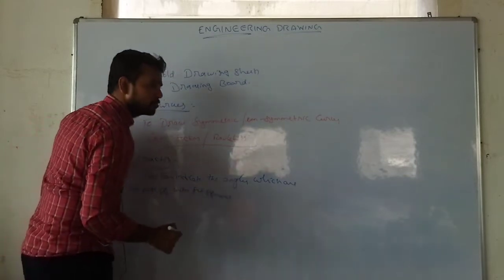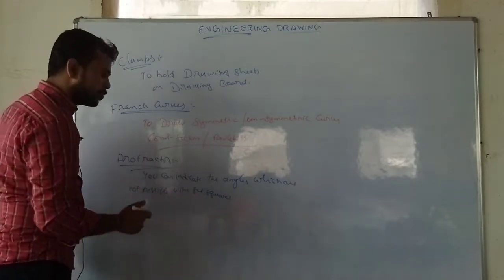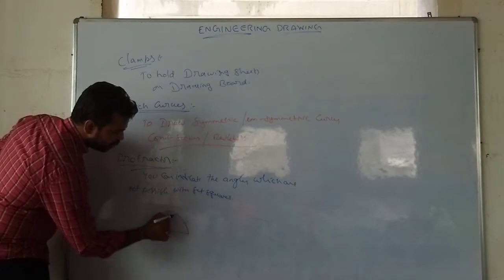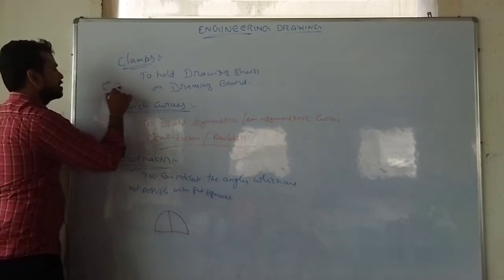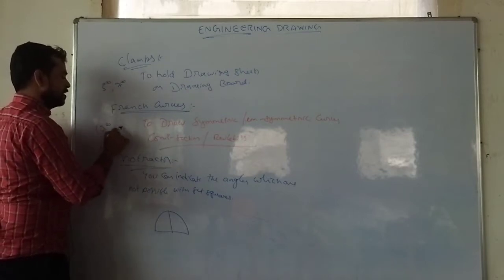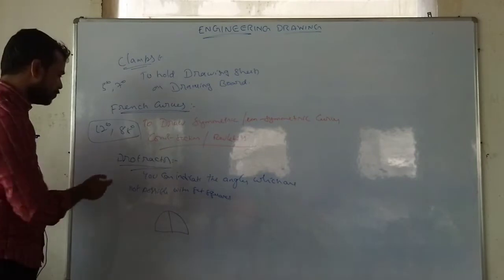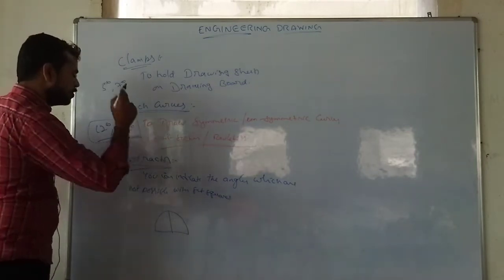With set squares, you can indicate specific angles, but with protractor, you can indicate very small angles also. You cannot indicate 5 degrees, 7 degrees, 17 degrees, 88 degrees with set squares, but with protractor you can indicate all these angles. So this is the purpose of protractor.